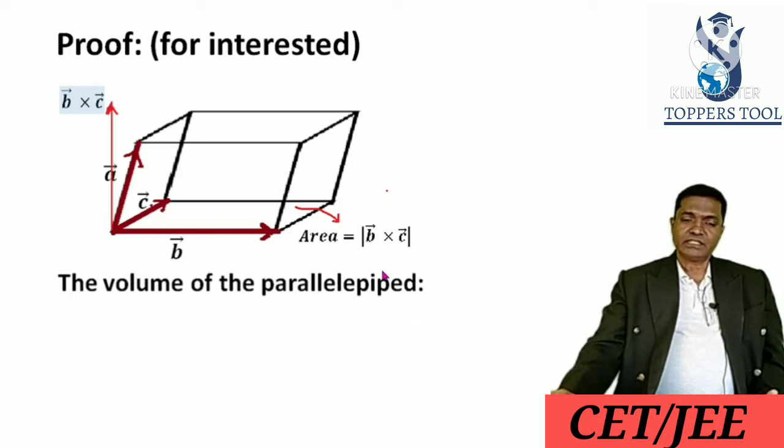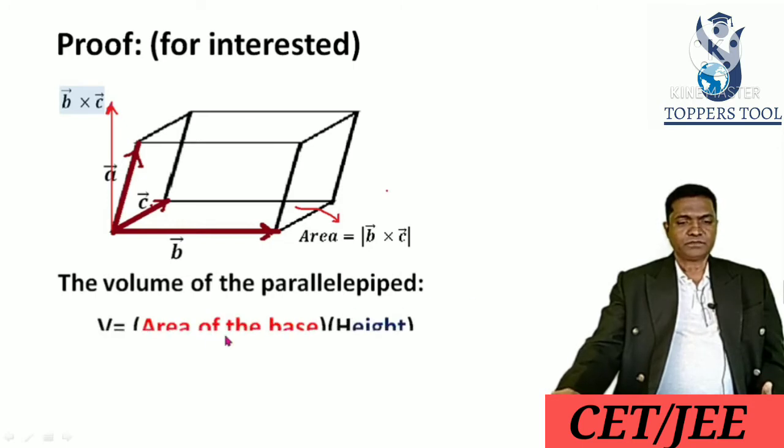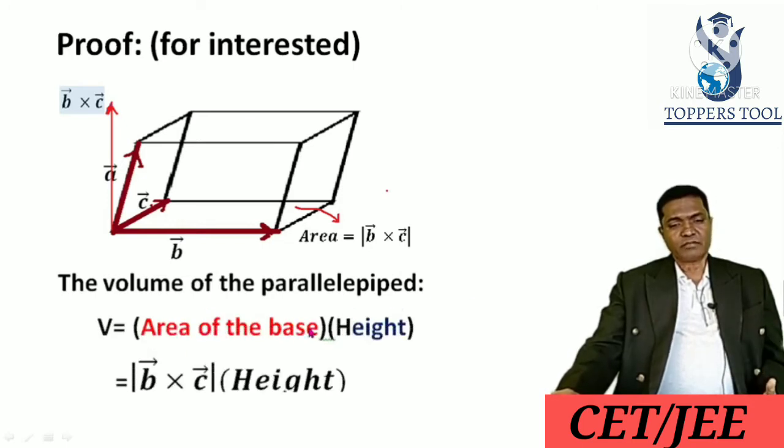As we know, the volume of a parallelepiped is given by base area into height. If you multiply the base area by its height, you will get the volume. The base is in the form of a parallelogram, and the area of a parallelogram is the magnitude of the cross product of its adjacent sides.